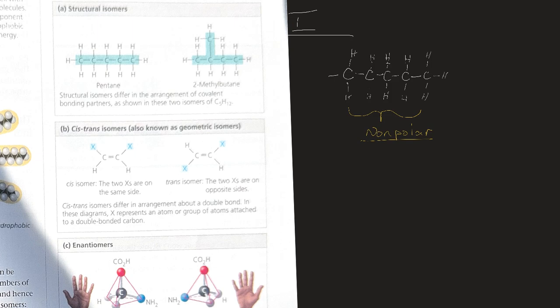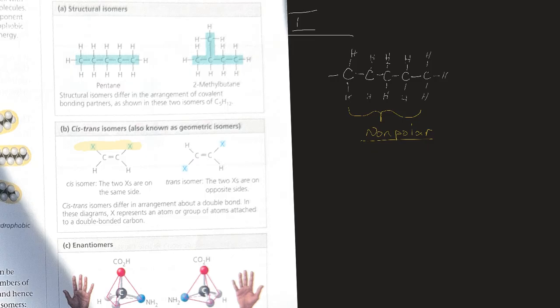Well, in this case, and I know there's a lot of political and sociological terms that are getting thrown around, but you've probably heard of trans and cis. In this case, cis means they're on the same side.